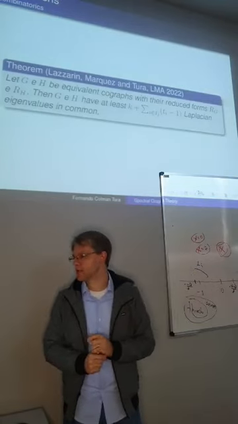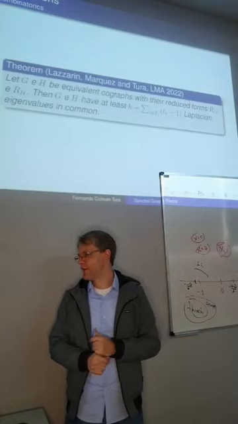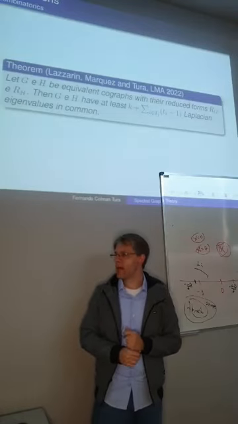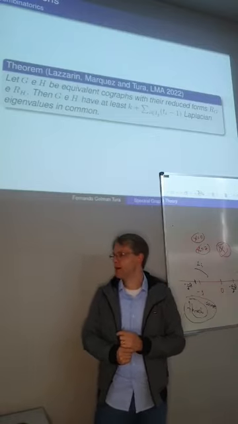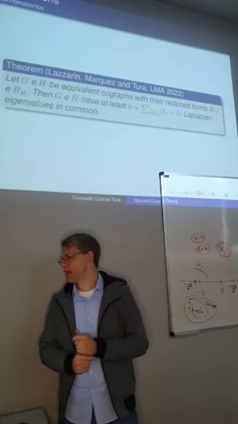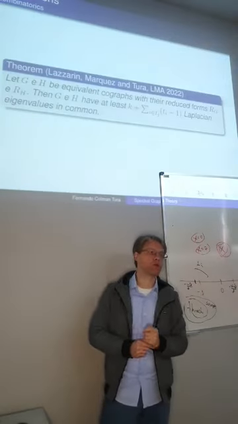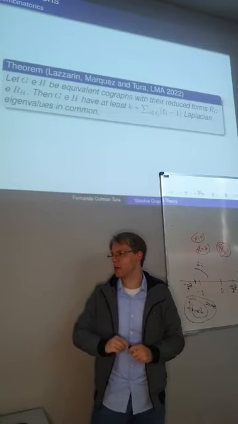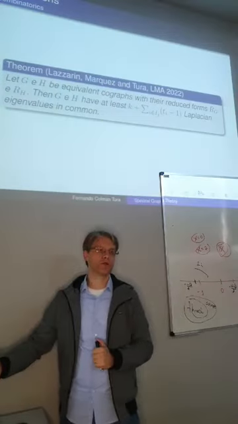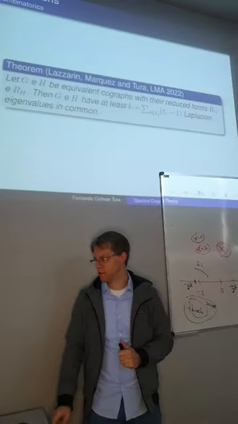The result says, if I have two equivalent cographs with their reduced forms, then G and H have at least K plus some Ti minus 1 Laplacian eigenvalues in common. This is a conjecture proposed some years ago, and you use the diagonalize algorithm to prove that.